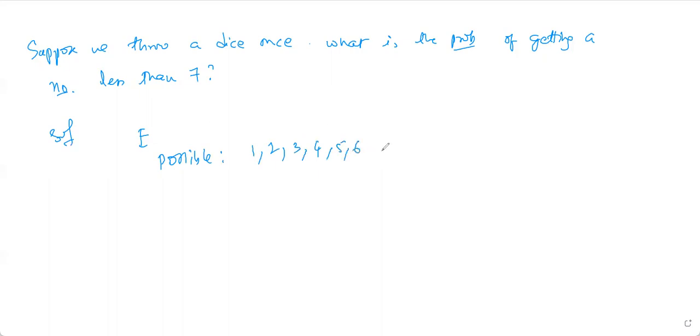The number of possible outcomes is 6. Since the faces of the dice are marked with numbers from 1 to 6, it is sure that the outcome is always less than 7. So the number of favorable outcomes will be 6. So P of E is equal to the number of favorable outcomes by the number of total possible outcomes, that is 6 by 6, which is equal to 1.